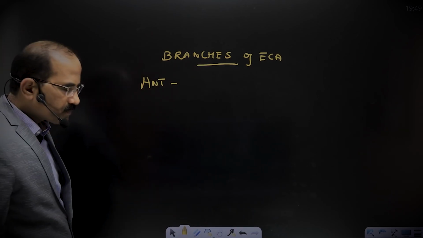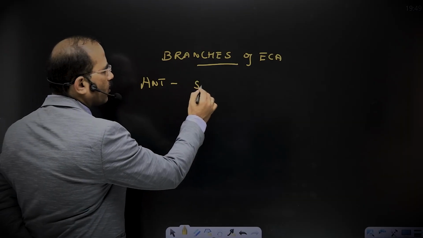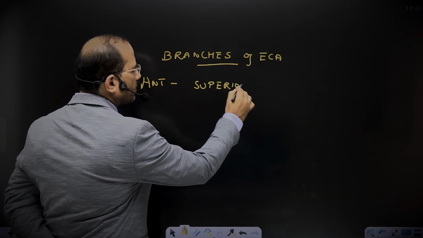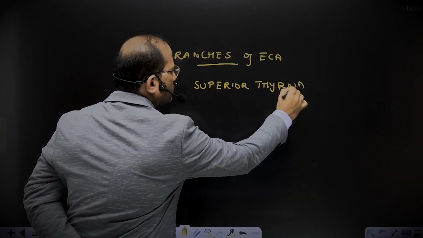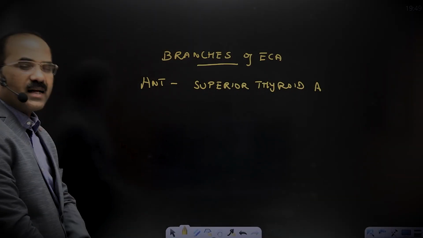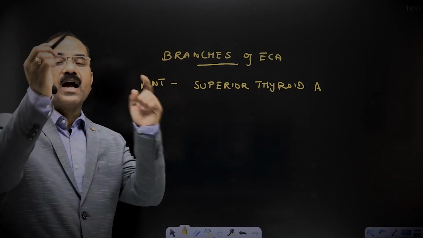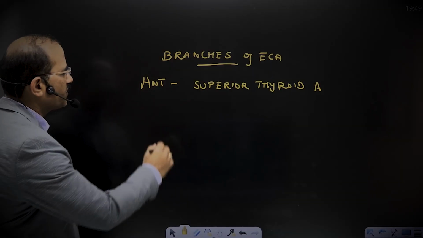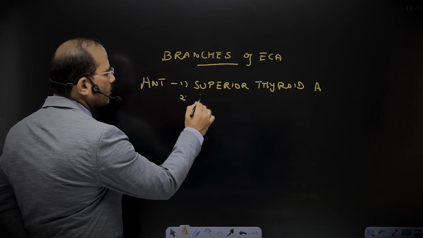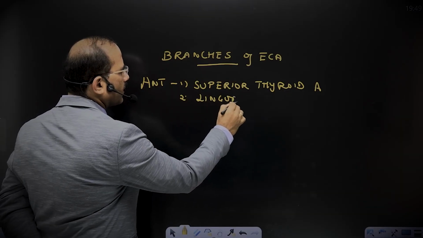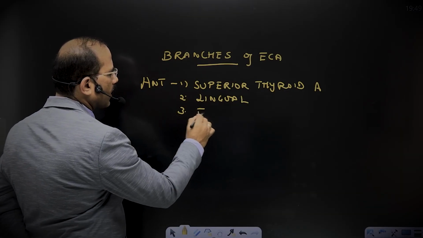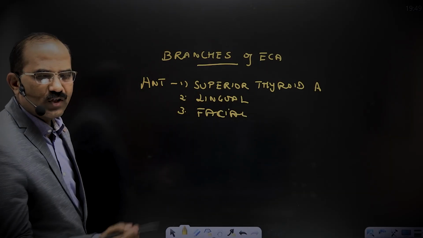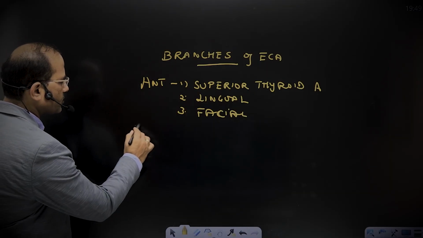The first anterior branch of external carotid is the superior thyroid artery. If the MCQ comes, your answer is going to be the superior thyroid. The second one is the lingual, and the third one is the facial artery. These are the anterior branches.